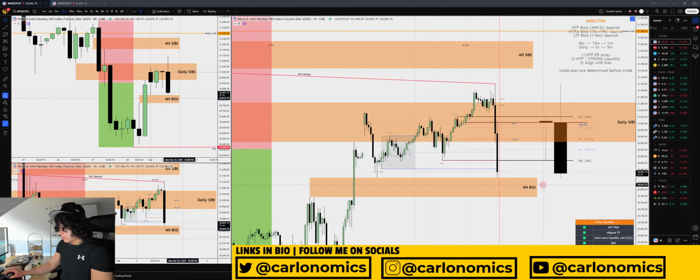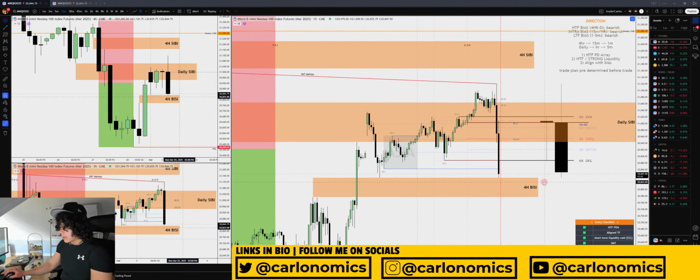All right, so we're tapping our 4-hour gap now. Already took out London lows, Asia lows. So like I talked about earlier, whenever we have Asia lows and London lows not tapped, and we have a higher time frame PD array below us, this could be your lower resistance liquidity run.